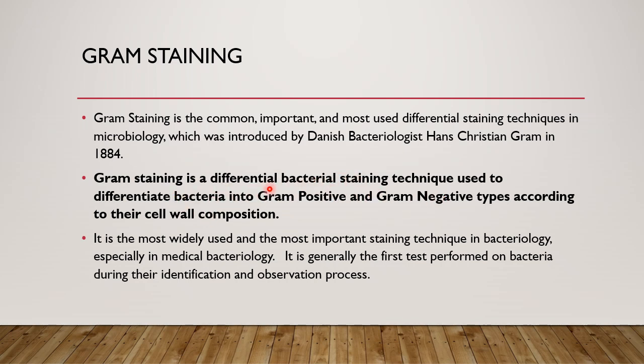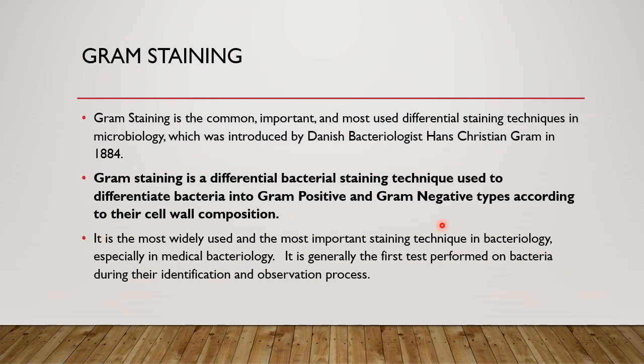As I told in the previous video lecture, differential staining means what? We mainly do differential staining to differentiate between two groups of organisms. Here in gram staining, as the name tells, we do this staining to differentiate between gram positive and gram negative bacteria.